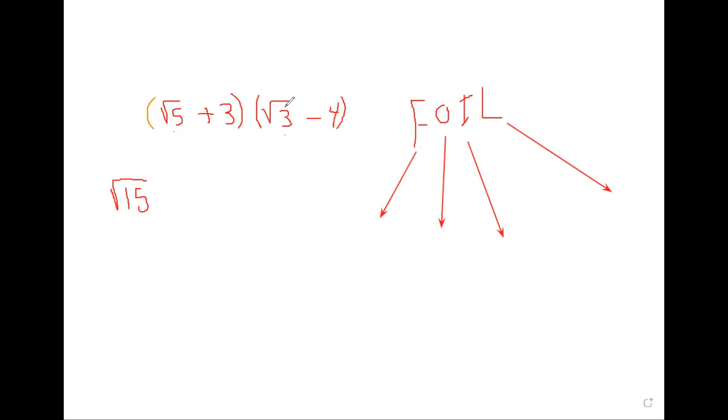After that, we are going to multiply the outer, root 5 times negative 4, so it will be negative 4 root 5. This is the inner: 3 times root 3, so it will be 3 root 3. And last, 3 times negative 4 will be negative 12.